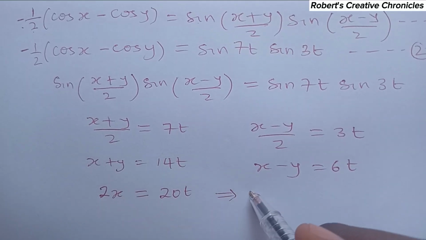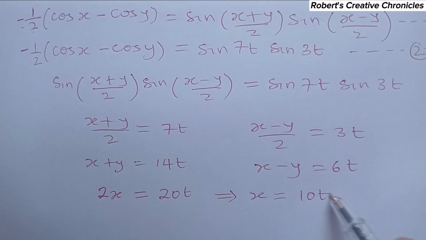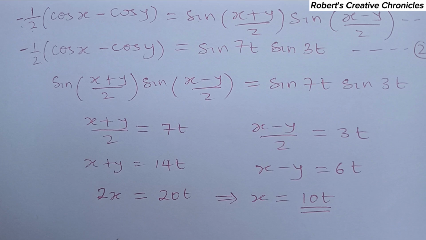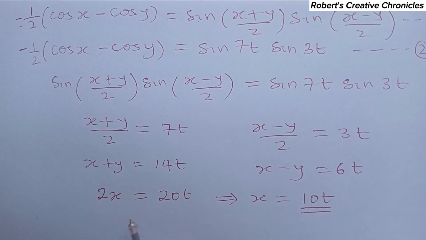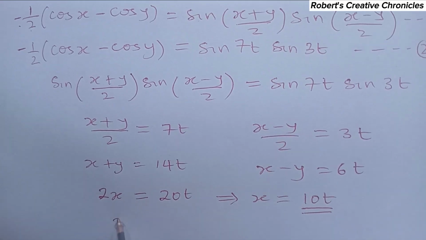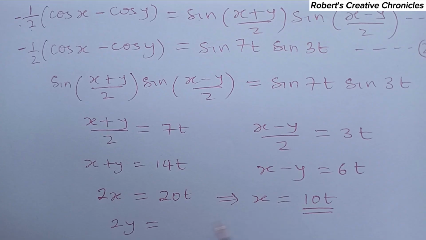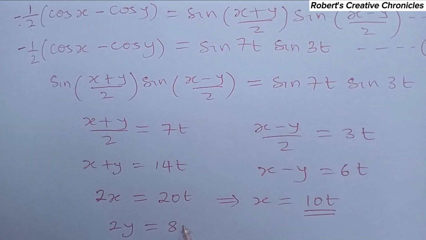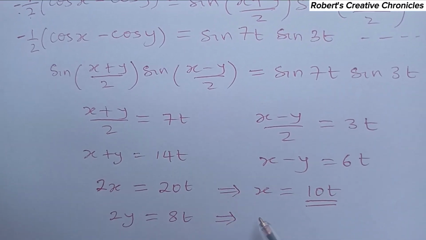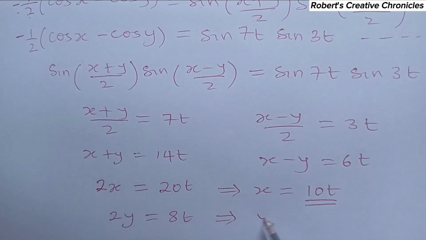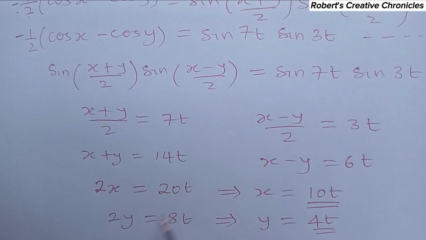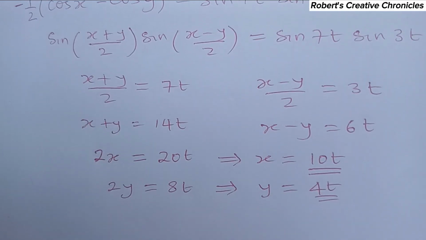So x equals 10t. Then we subtract them to eliminate x. So y minus y is 2y equals this minus this, which is 8t. So this becomes y equals 4t. You divide both sides by 2 here.